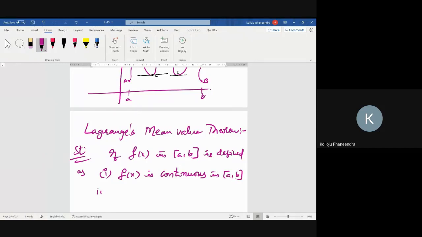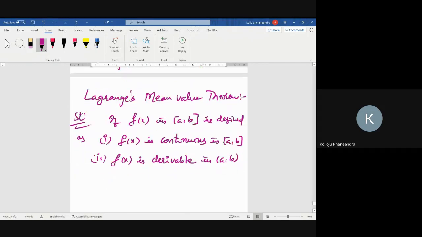Second condition, f of x is derivable in open AB. Only two conditions.